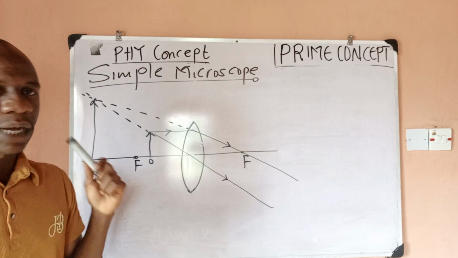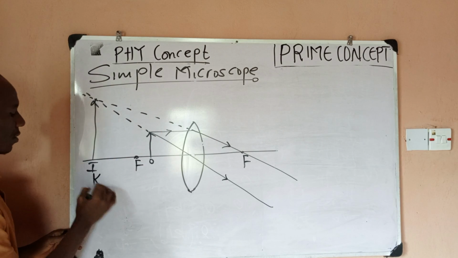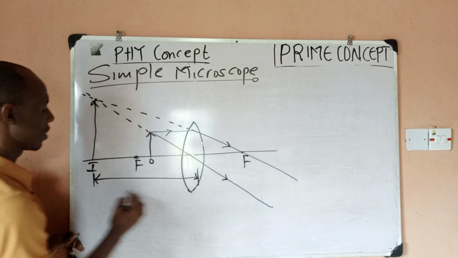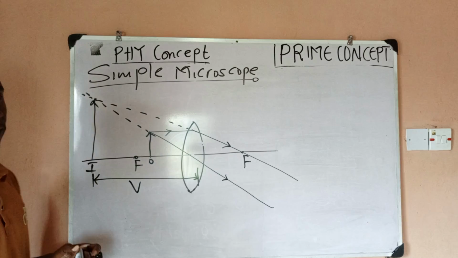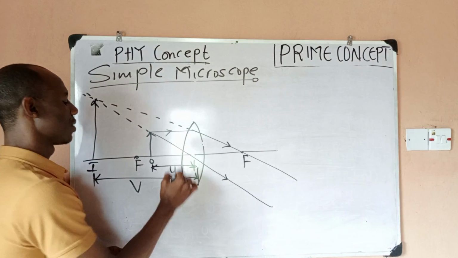Now, what is the formula for magnification? Remember this distance from here to this point is going to be our v, right? And then this distance from here to here is going to be our what? u.